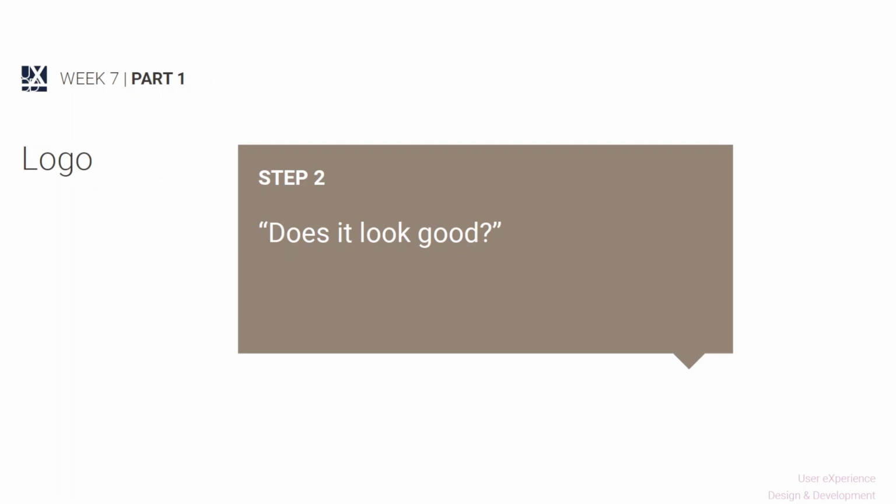Okay, so now in step 2, after confirming if the idea of the logo reflects the facts found in the discover phase, you need to check if the logo is visually pleasing. So does it look good? That's what your designer is asking you.